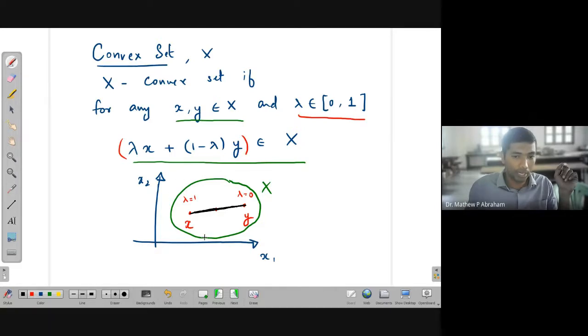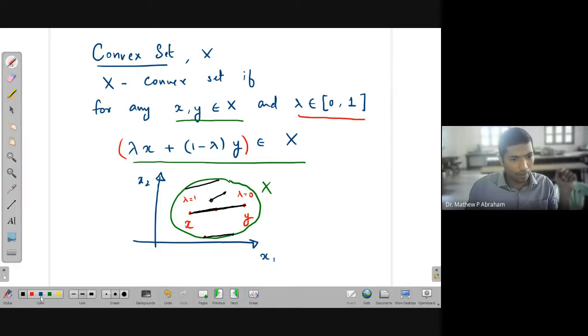For example, I am taking this point and this point, and I am drawing a line between these 2 points, and these 2 points are elements of the set itself. All the points in this line are elements of this set, and if that is the case for any 2 points, then that set is called a convex set.